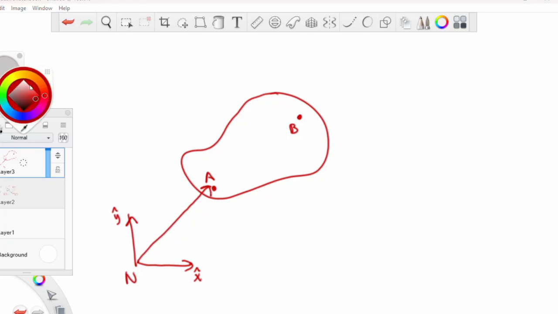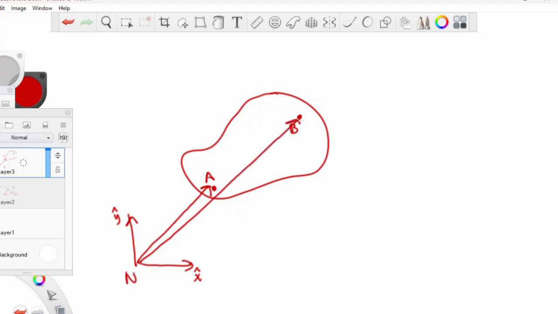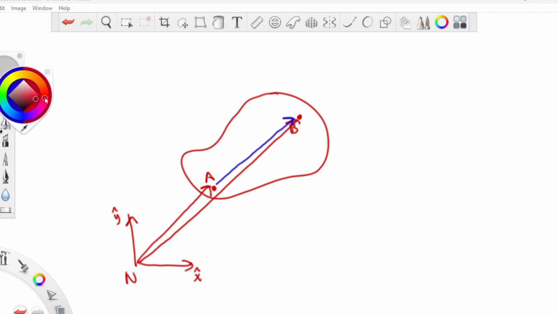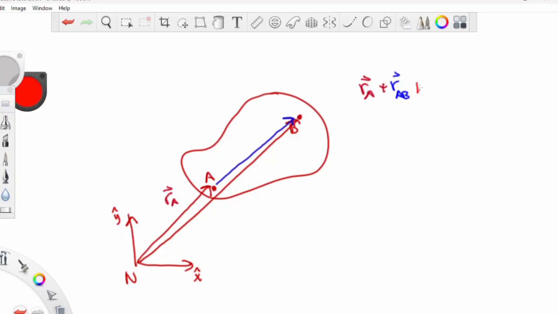We can also describe the position of point B with another vector, and we can draw a vector between point A and point B. This we call the relative vector that goes from point A to point B. You can see that this creates an equation, RA vector plus RAB vector is equal to RB vector.